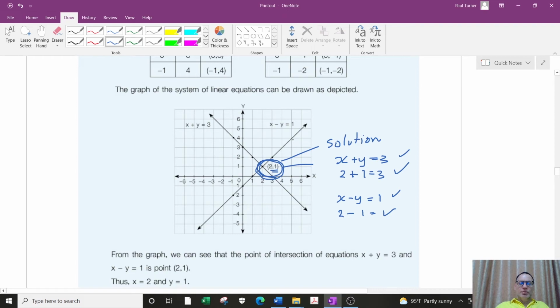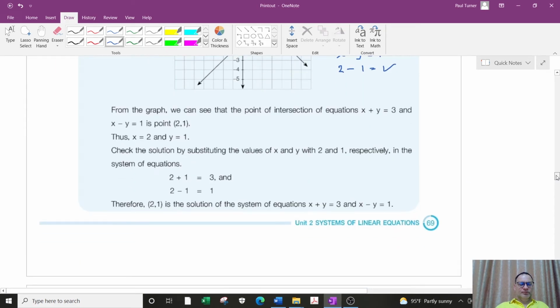If you pick another point, for example here, 5 and 4, 5 and 4 will work in this equation, but it will not work in this equation. Okay, these are the only two numbers that satisfy both equations. And that's your solution to the system, 2, 1.